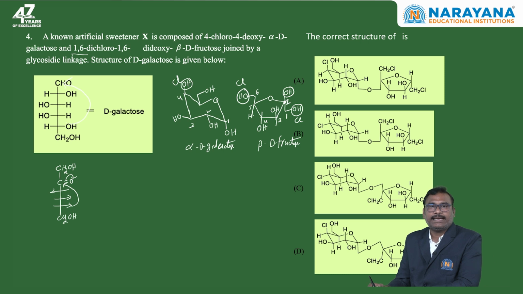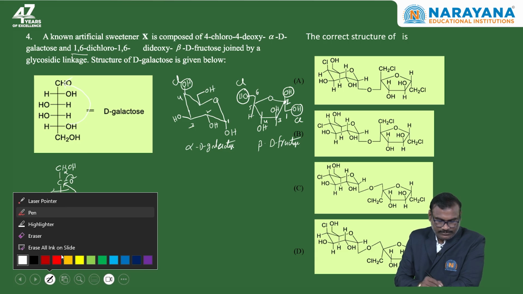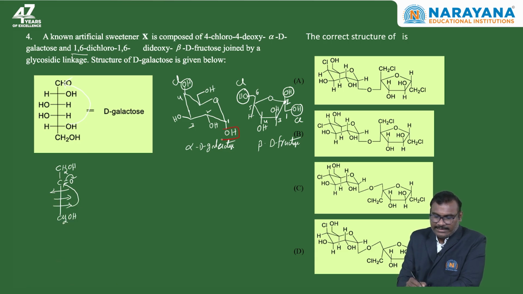Now we have to connect these anomeric OHs, the anomeric OH of alpha D-galactose and the anomeric OH of beta D-fructose. After connecting that, according to that, now this OH is here, this OH is here, here is the chlorine, here is the OH. Now this alpha OH is going to connect.